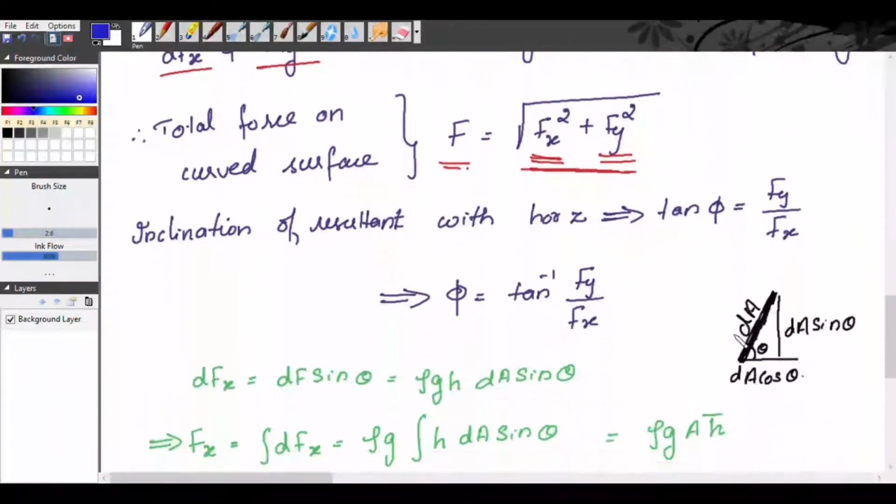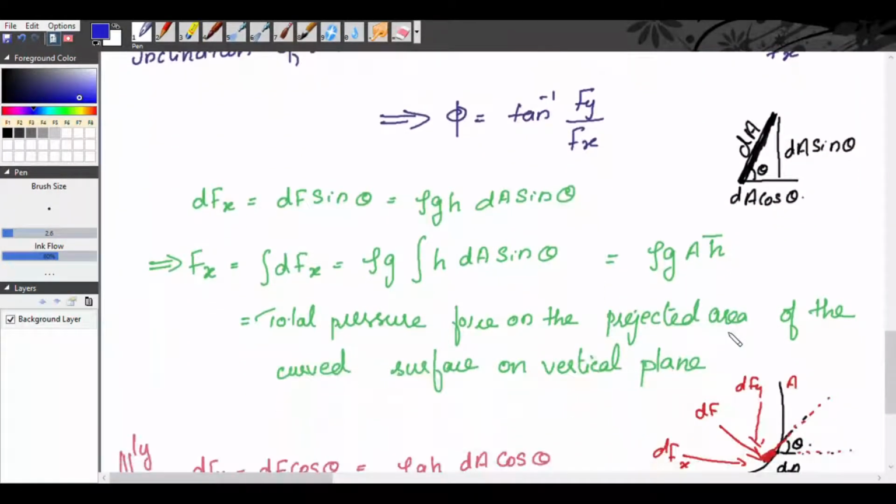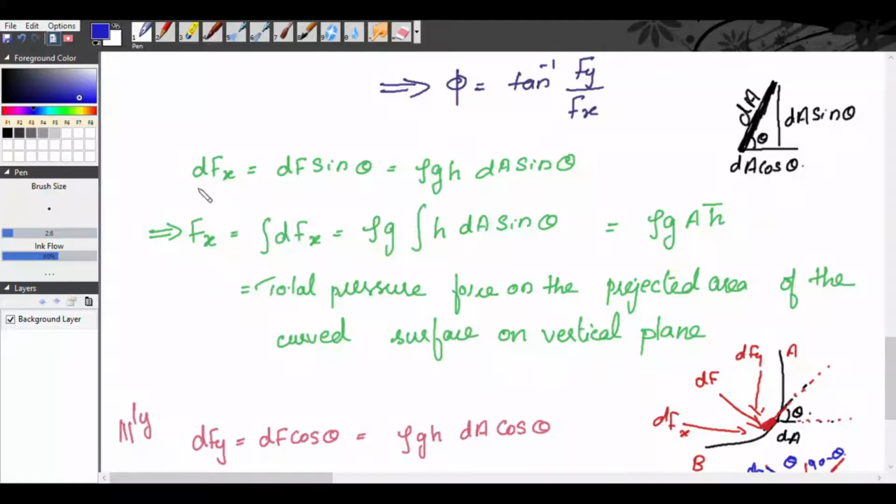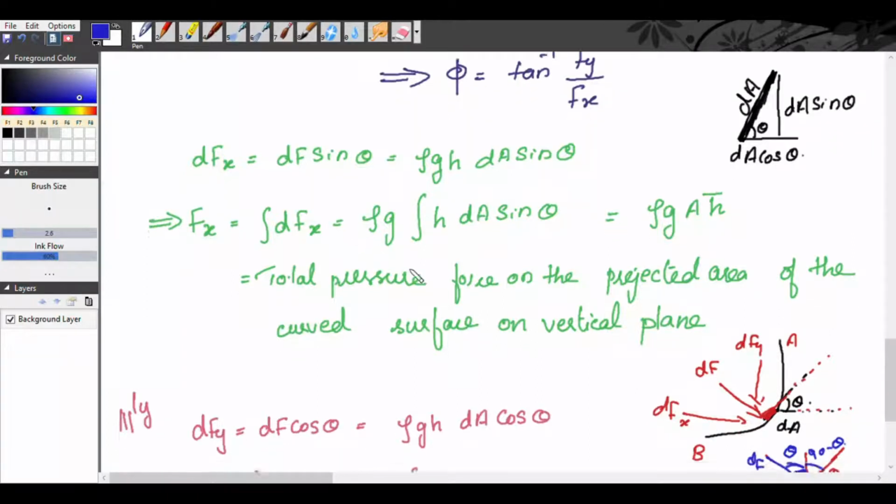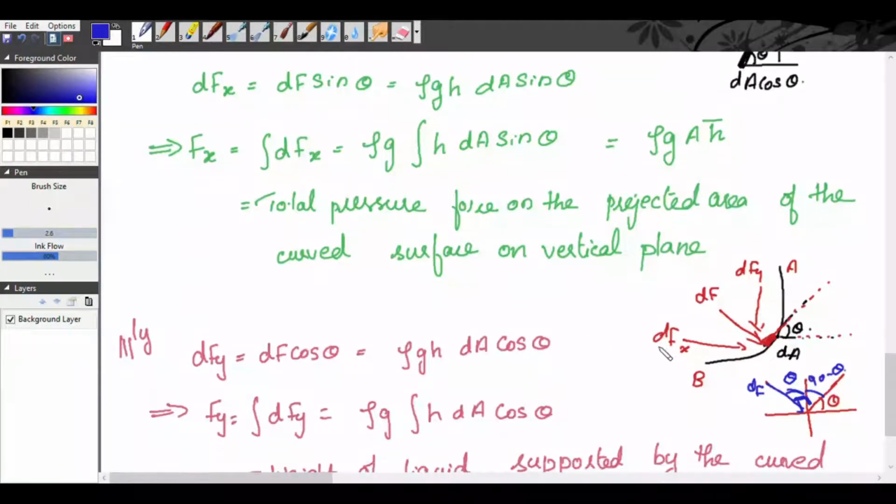Now, what is dFx? dFx is the horizontal component, right? If this is theta, this becomes 90 minus theta.